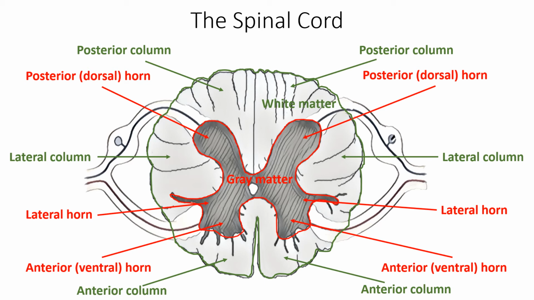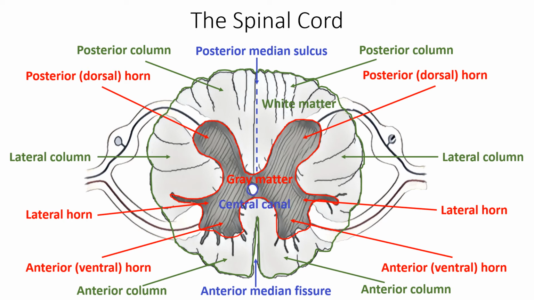Posterior midline of the spinal cord is called posterior median sulcus, whereas anterior midline is called anterior median fissure. In the middle of the spinal cord, you will find central canal filled with cerebrospinal fluid.